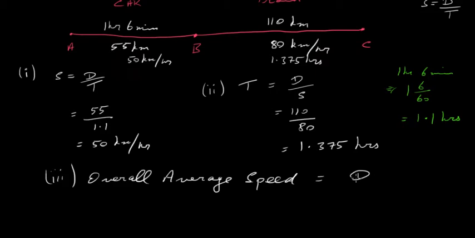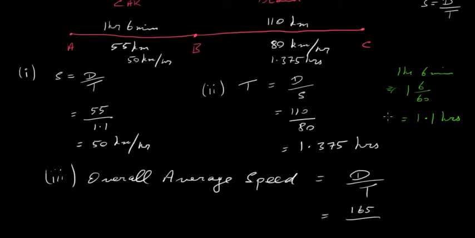So that's going to be distance over time again. You simply take the overall distance, which in our case is 110 kilometers plus 55, so that's going to be 165 kilometers. So that's our overall distance.